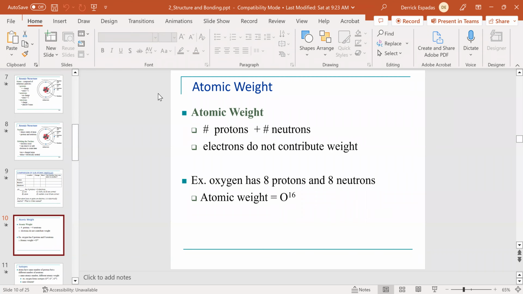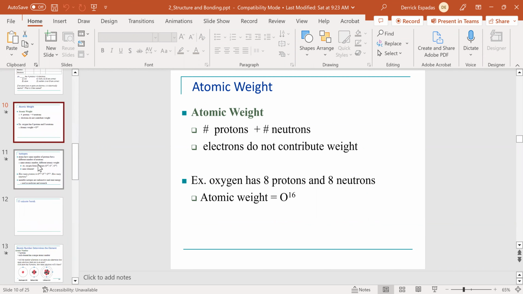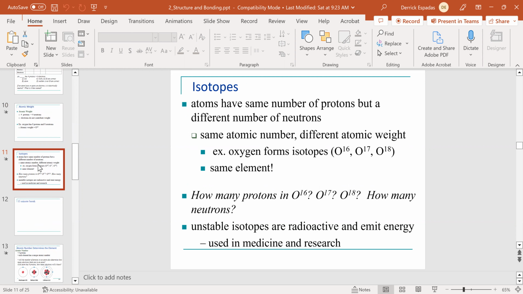Handy little thing to know as you move forward in this study to help you out with some of the homework. So we have isotopes, and an isotope is an atom that has the same number of protons but a different number of neutrons. So, we were saying how oxygen's atomic weight is 16, but we do have oxygen 17 and O18. It's the same element, just with a different weight. It's in a different state. So how many protons would be in O16?